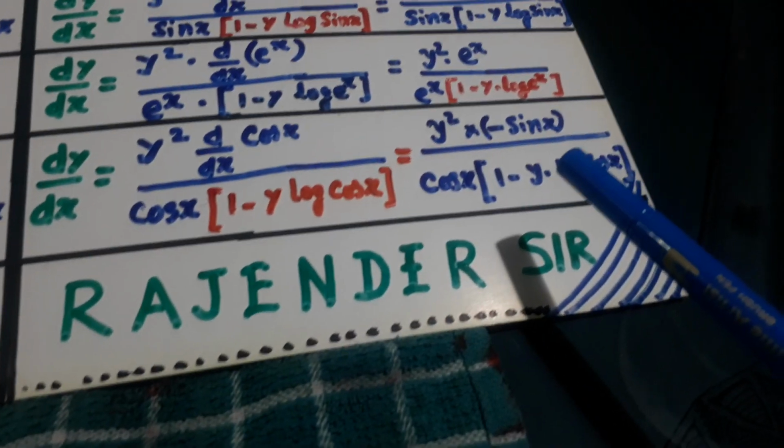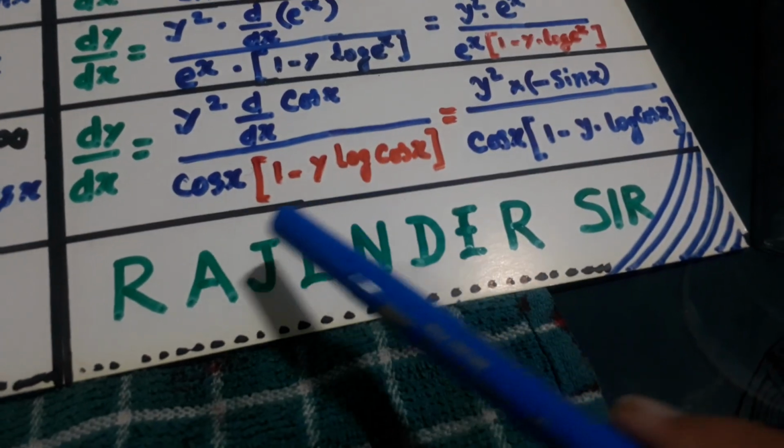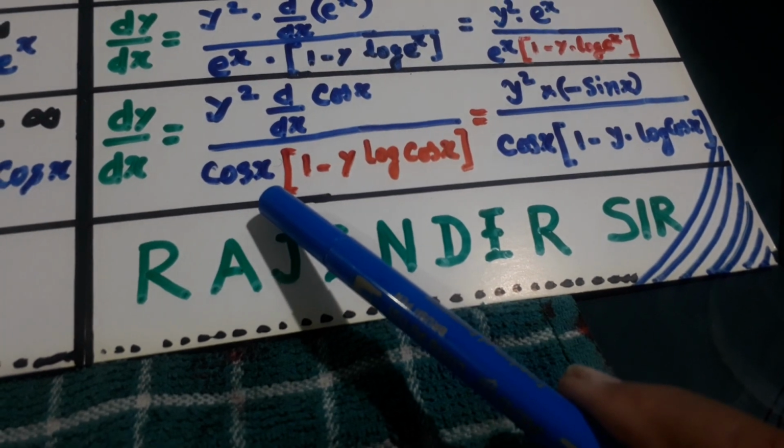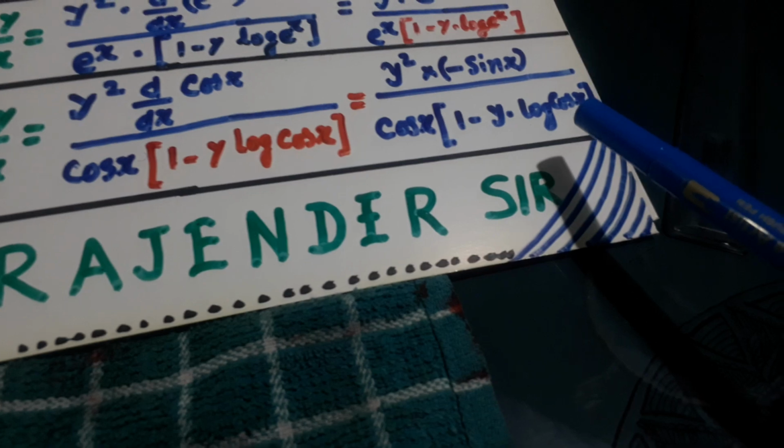So on substituting we get derivative of cos x is minus sin x. So in the denominator it is cos x, 1 minus y log cos x.